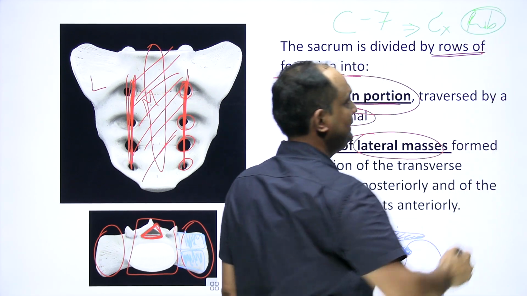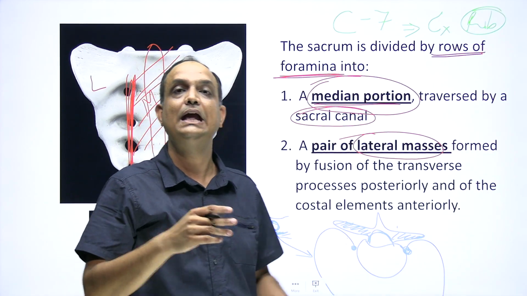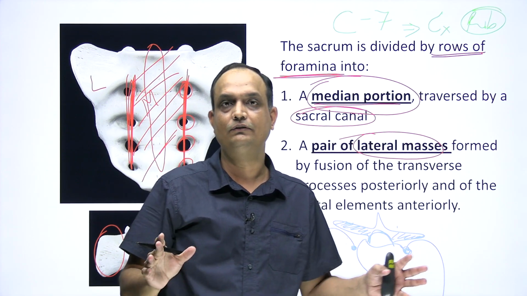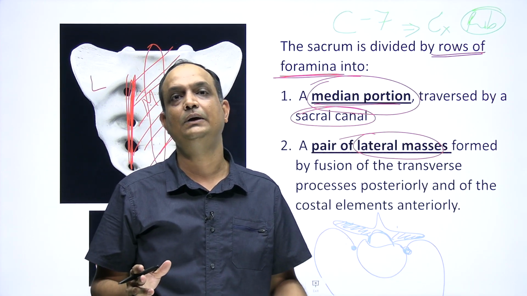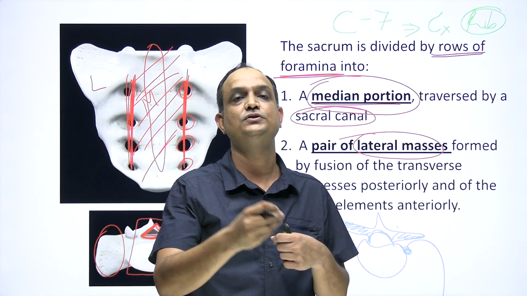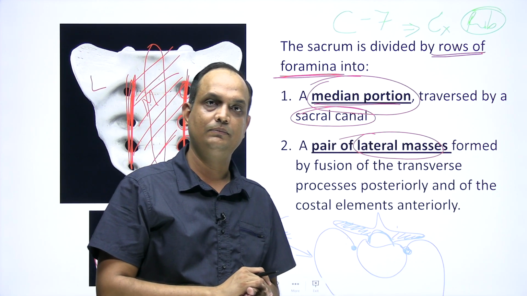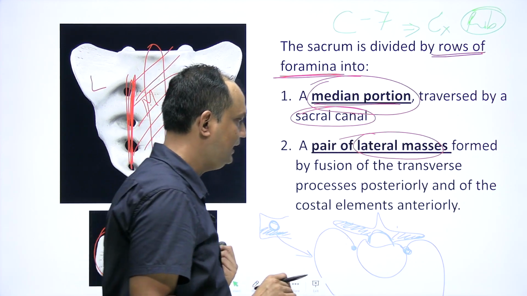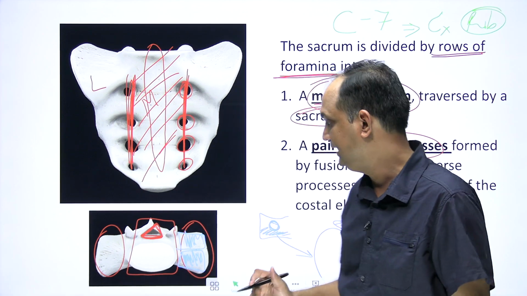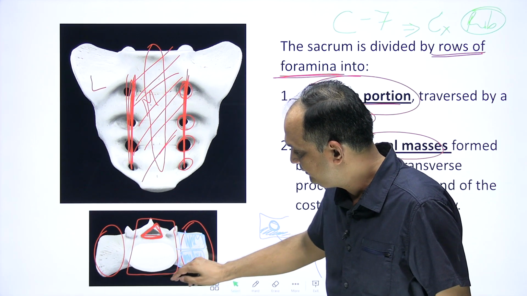That means a rib can develop from any of the vertebrae if the costal element of that vertebra detaches from the vertebra. Clear? So here also you have to understand that this is your ventral part.